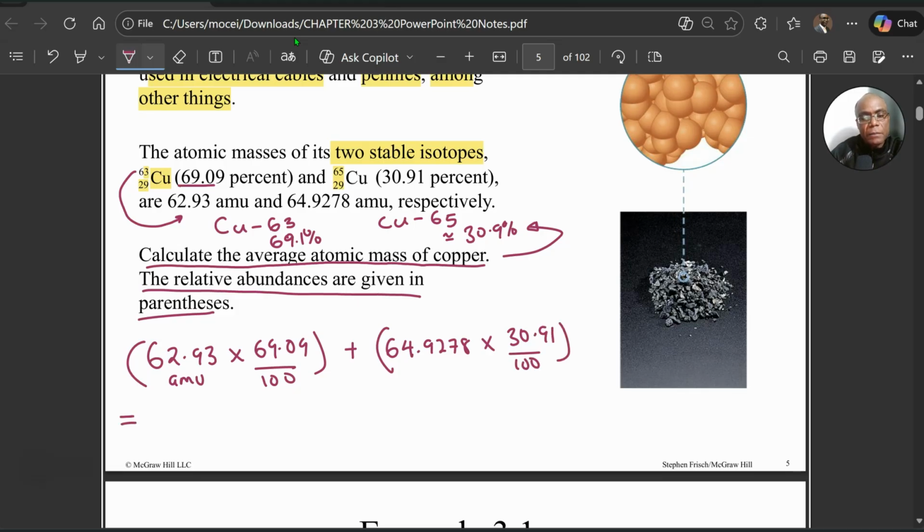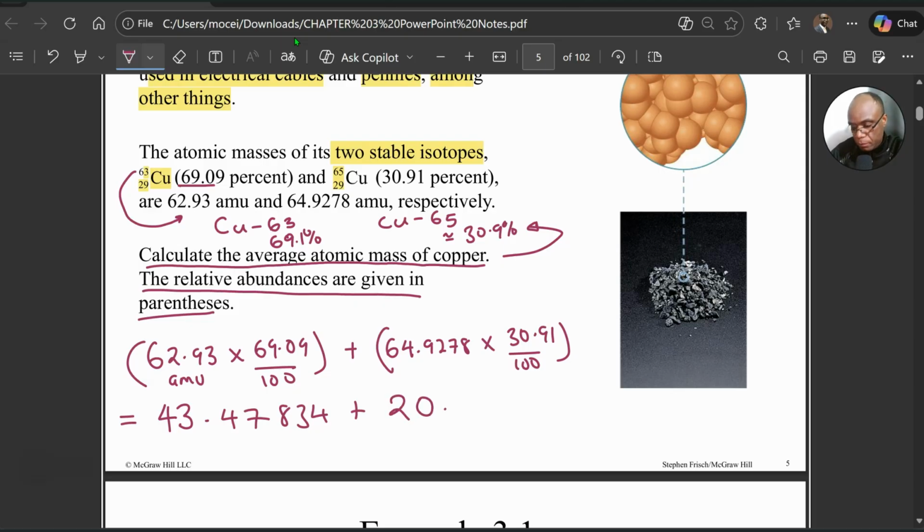If I add this up, I'm going to get the average atomic mass, which most likely is going to be same as what we saw in the periodic table. So I take 62.93 times 0.6909. I'm getting 43.7834. Let's stop the number there, and then I do the same for the other one. 64.9278 multiplied by 0.3091.